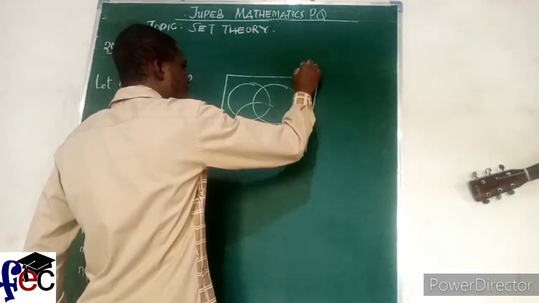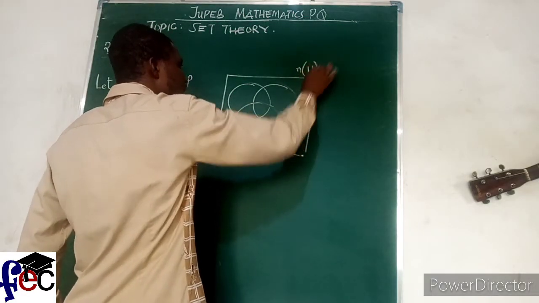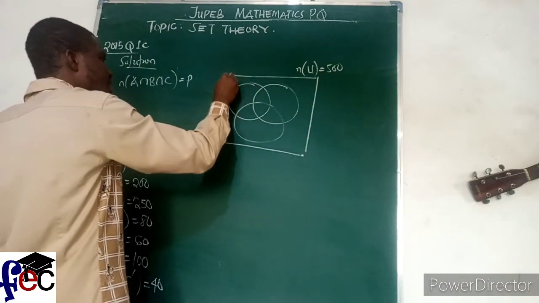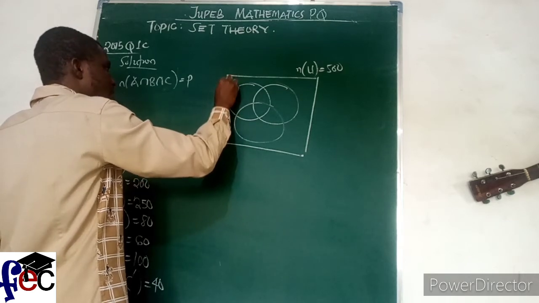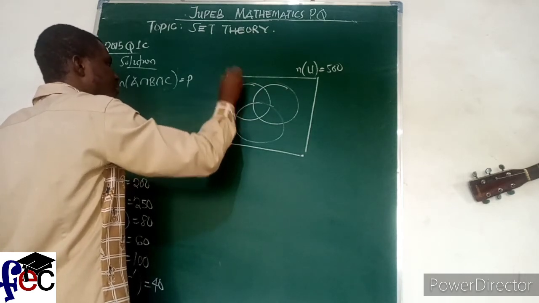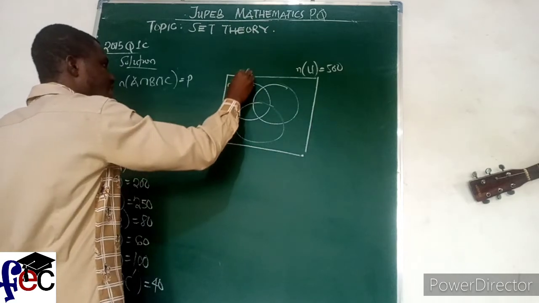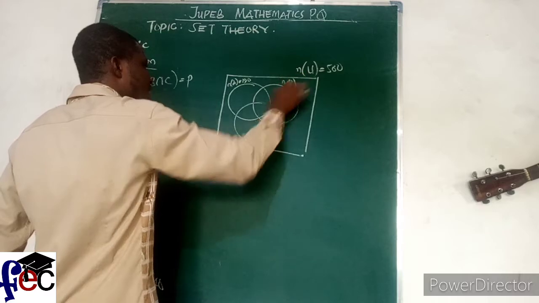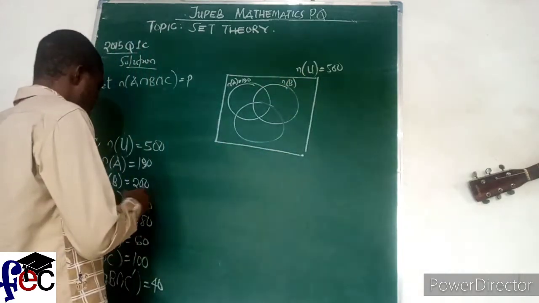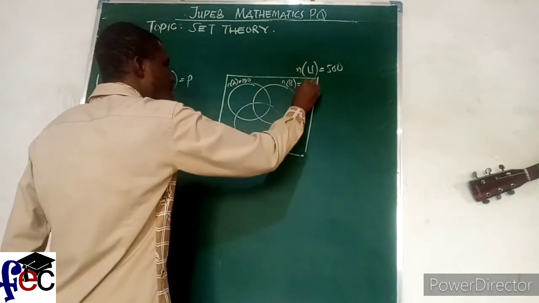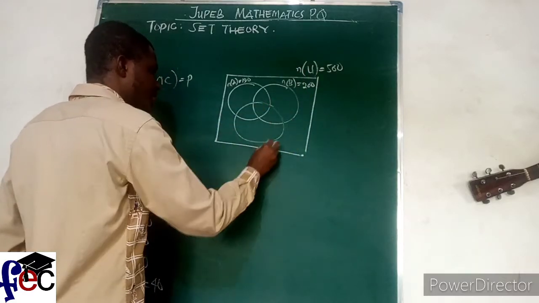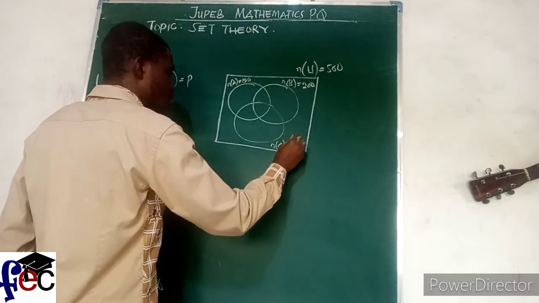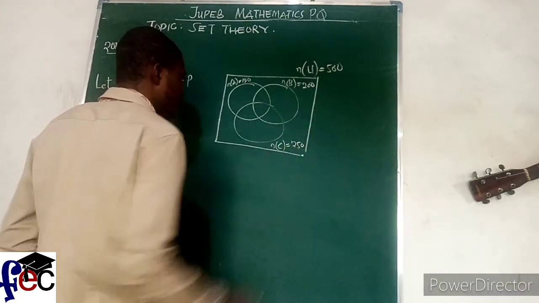So the universal set, the cardinality of U here, is what? 500. If this circle represents set A, that means the cardinality of set A, from what we have been given, is 190. If this circle represents those that voted party B, then the number there is 200. And this circle represents those that voted for party C, which is 250.